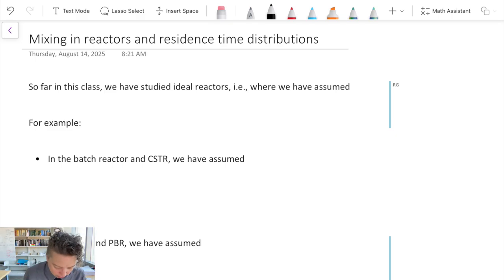Okay, so going to the notes, so far in this class we have studied ideal reactors where we have assumed perfect mixing.